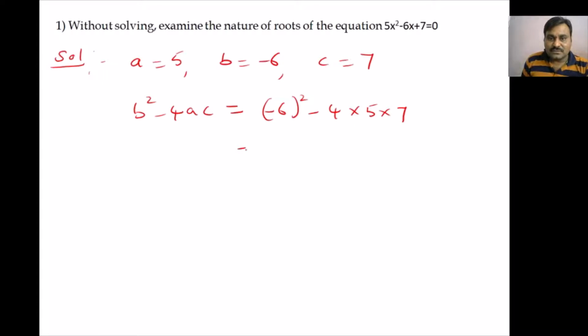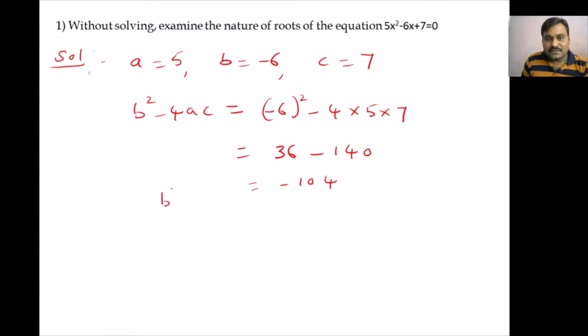Minus 6 whole square, minus 6 into minus 6, is 36. Then 4 into 5 is 20, and 20 into 7 is 140. So 36 minus 140 we get as minus 104, which is a negative value.